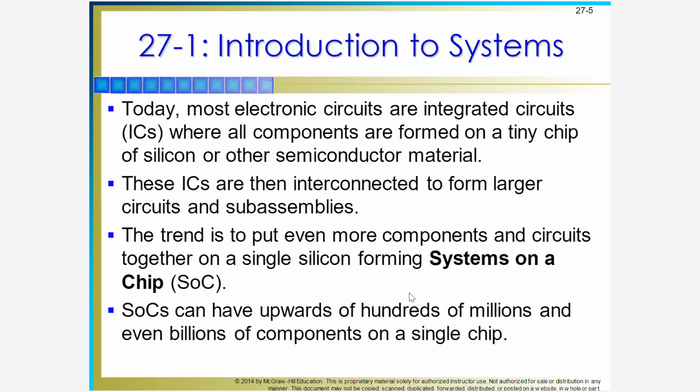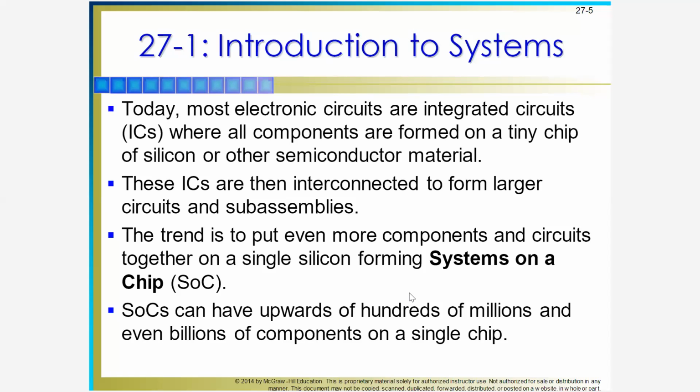Next, the trend is to put even more components and circuits together on a single silicon chip, forming a system on a chip, or SoC. As you can see, some of our electronics are smaller. Since they are smaller, they are more comfortable and easy to use, and some are cheaper. An SoC can have upward of hundreds of millions or even billions of components on a single chip.